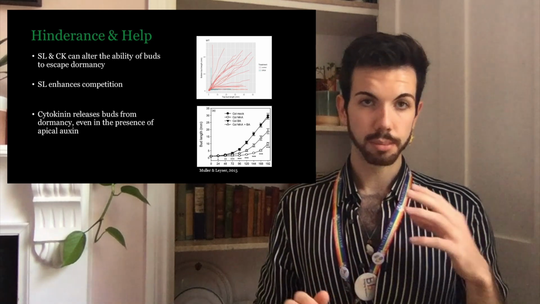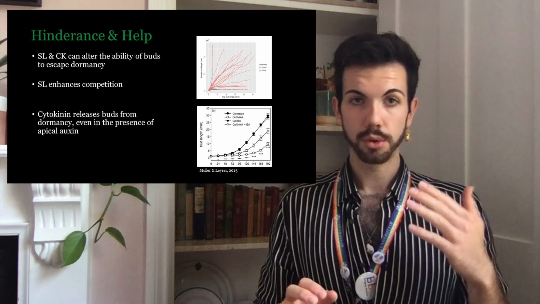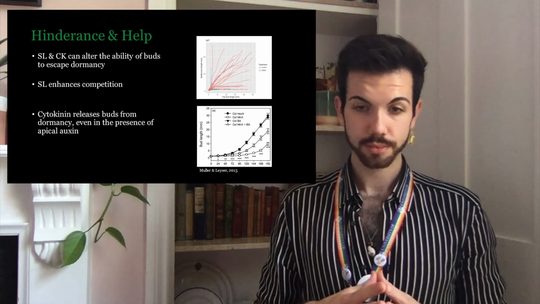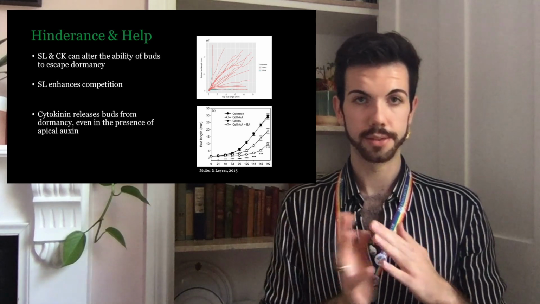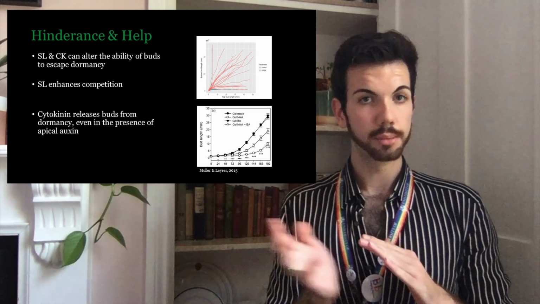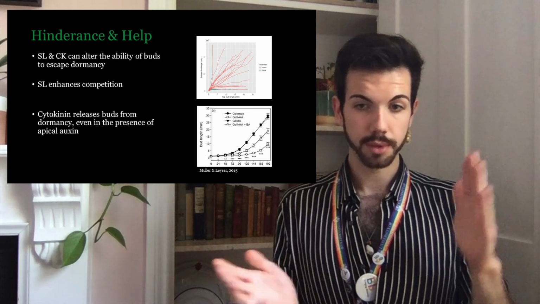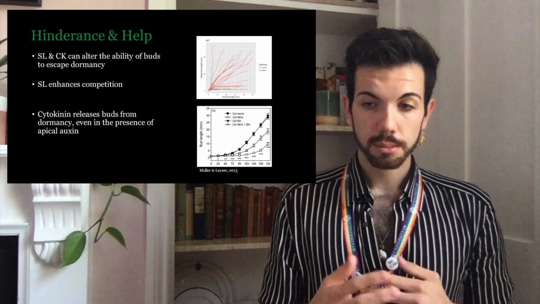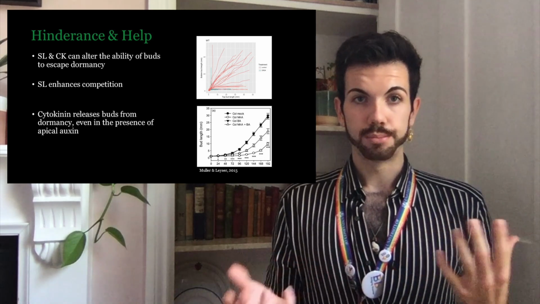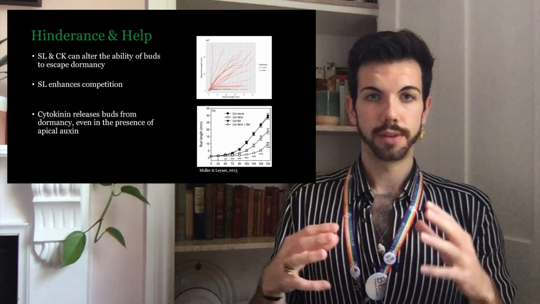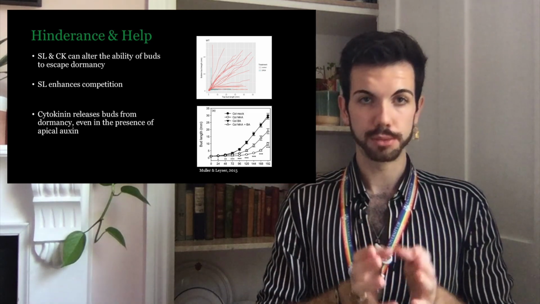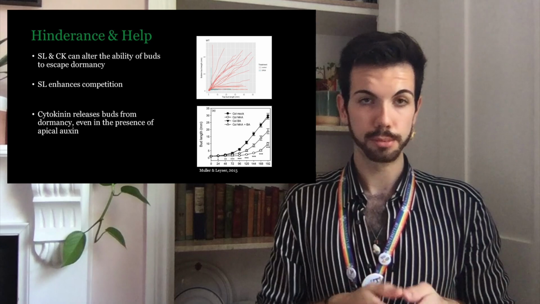But if we supply GR24, which is a synthetic strigolactone, you can see that it tends to be that only one of these buds grows out, and only one tends to win. And that's because there's a competition for access, we think, to the main polar auxin transport stream, so that main channel of auxin transport.